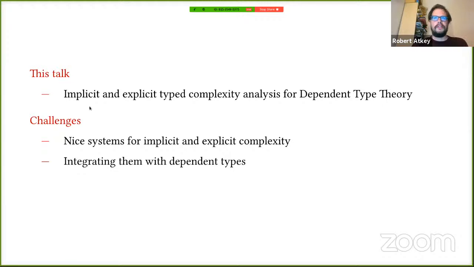And Church encodings, in general, don't work with the kind of dependent type theory I'm interested in, so-called intensional type theory. And the second part is integrating these linear systems with dependent types as well. So we want implicit and explicit computational complexity type systems that have proper data types, not Church encodings, and then we want to integrate with dependent types.